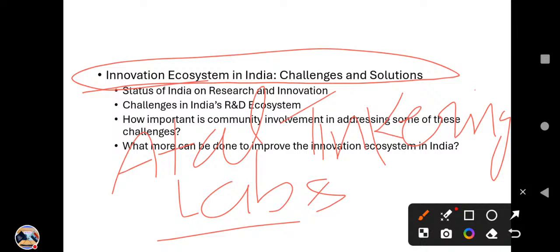And education and skilled workforce. A report conducted told that India will need 30 million digitally skilled professionals by 2026. You should remember this.